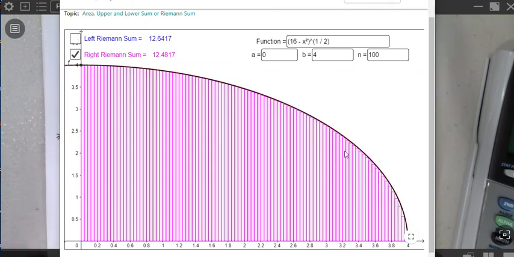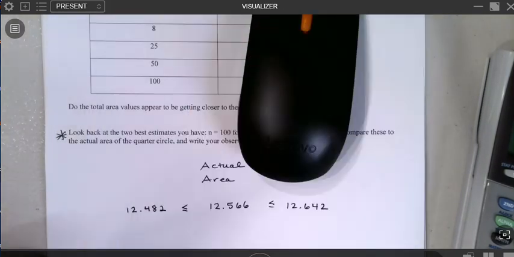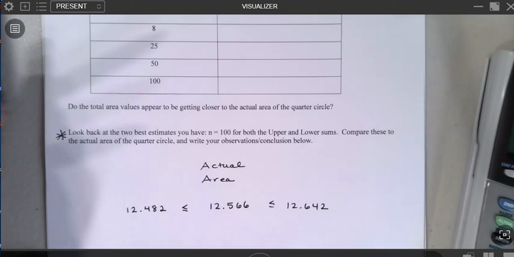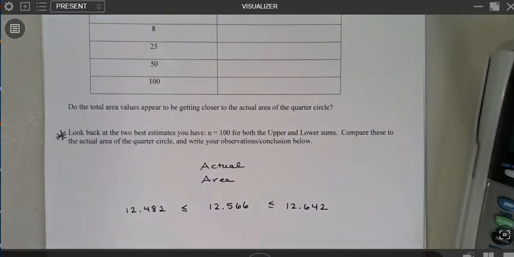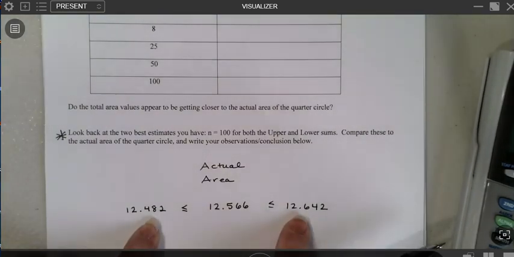There we go. Notice how this is slightly underneath the curve. The estimate there is 12.482. I'm keeping 3 decimal places. So my actual known area here, the 12.566, is definitely between those two values.